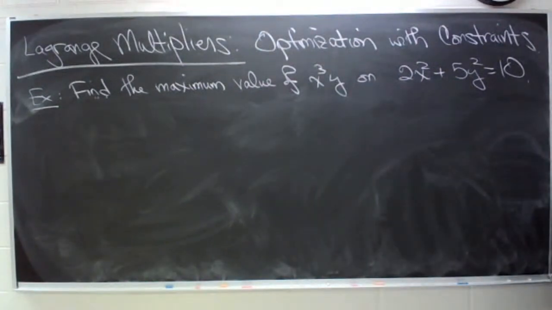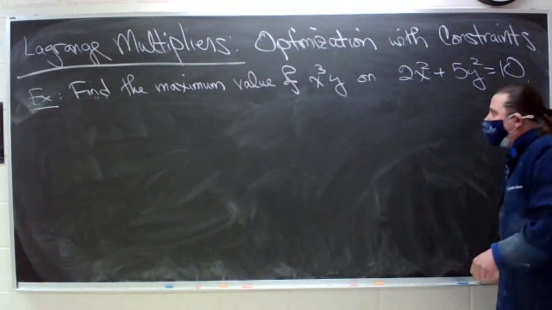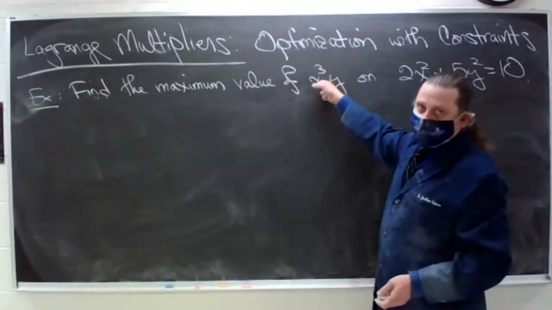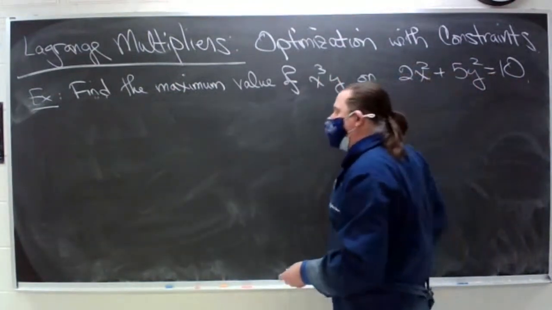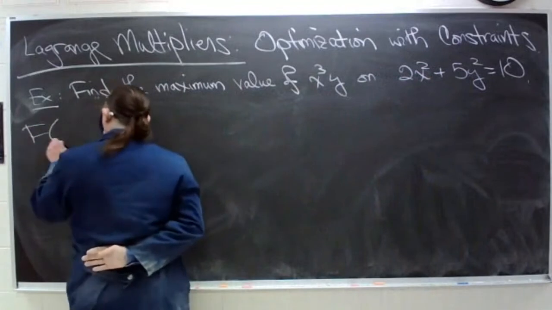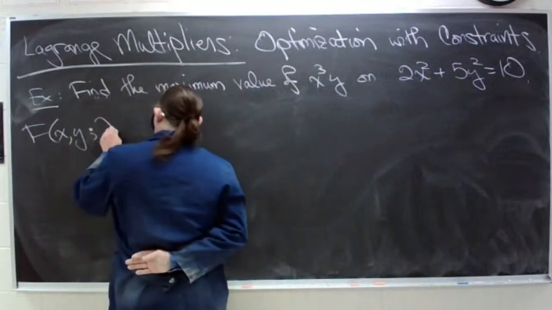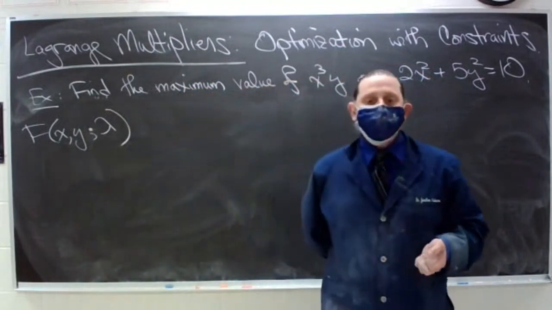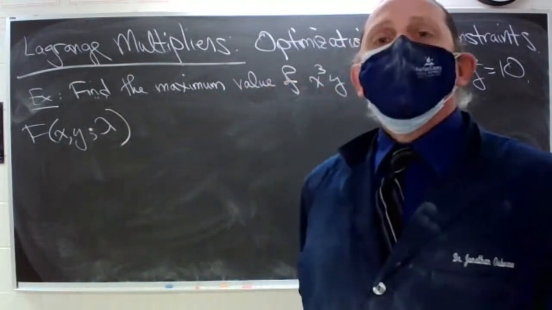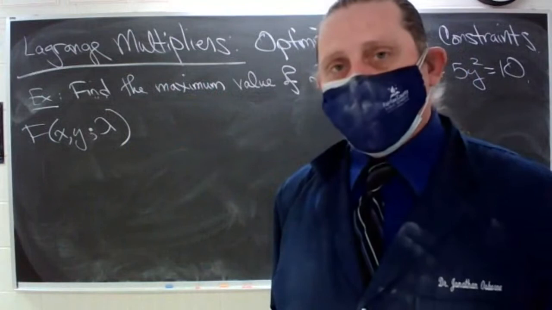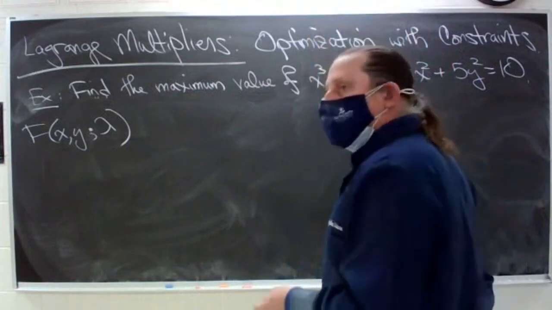So what we're going to say is, in order to extremize this function subject to this constraint, let's define a new function, F of x, y, semicolon, lambda. Using a semicolon there because lambda is a different kind of variable than x and y. All right?